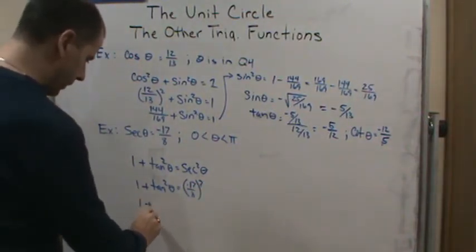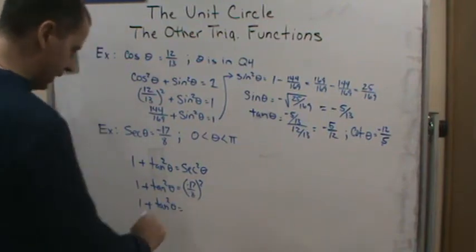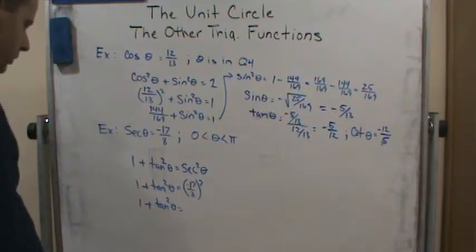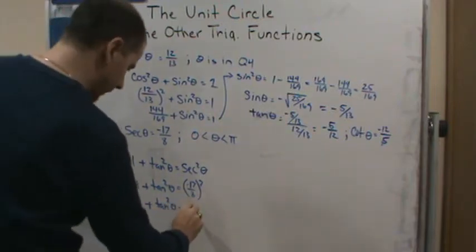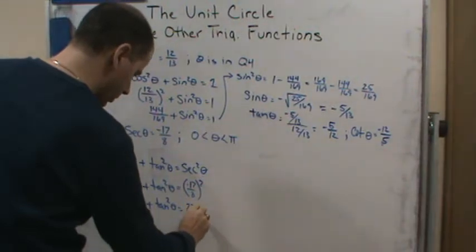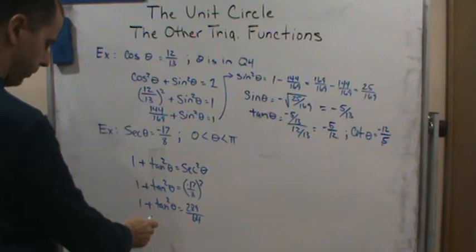And so what's that going to give me? That's going to give me 1 plus tangent squared theta is equal to 289 over 64. Right? Yep. And so now I'm going to subtract 1 from both sides, right?